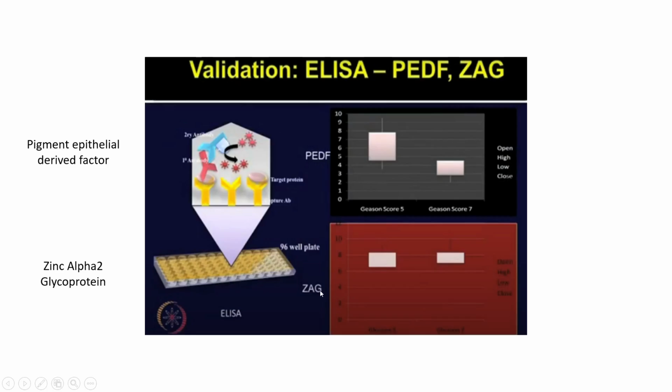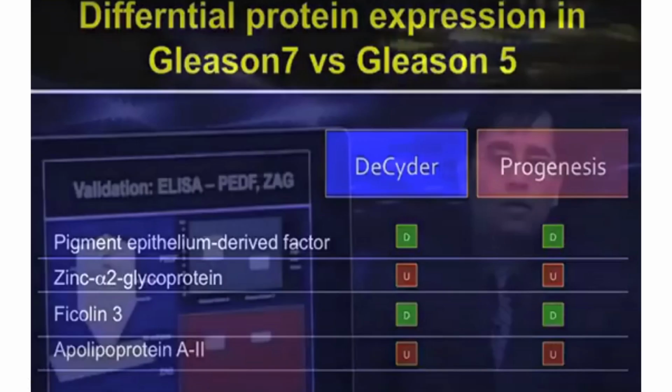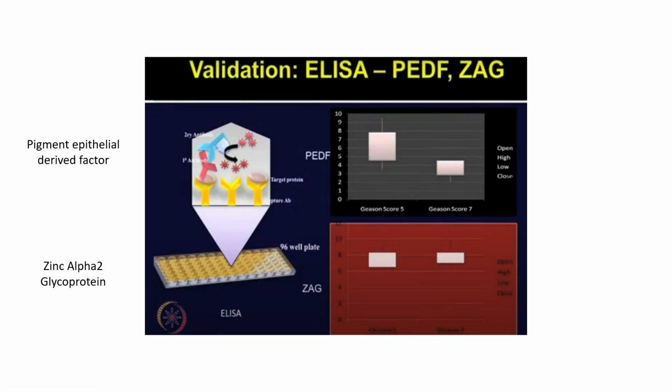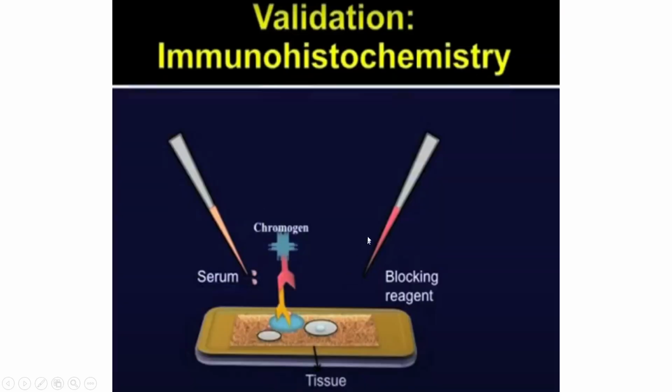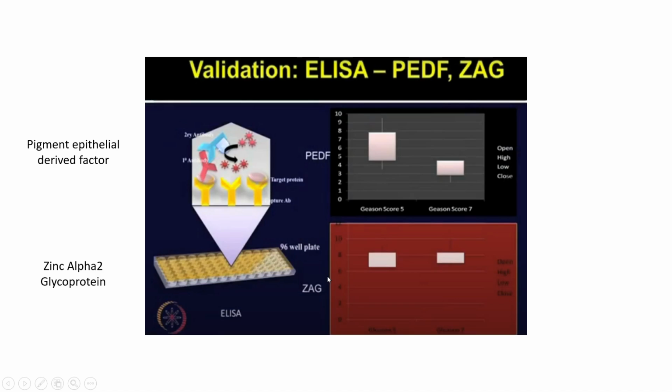Depending on the binding, you can tell whether it is present in lower or higher amounts, whether it is downregulating or upregulating. Similarly, this technique can also be used to validate. So that's how they validated in this specific paper that PEDF and zinc alpha 2 glycoprotein can potentially act as a marker for progression of prostate cancer.